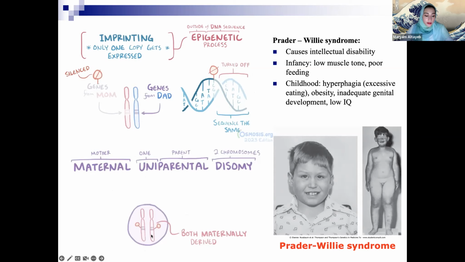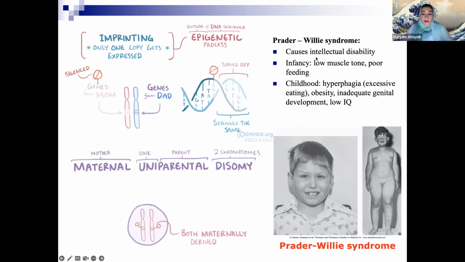So both of them, both maternally derived parts, are silenced. So that leads to the manifestation of disease called Prader-Willi syndrome. And this involves chromosome 15, by the way. I haven't seen that asked in previous questions, but for your knowledge, this involves chromosome 15. So if you get two copies of the silenced maternal gene, that's called maternal uniparental disomy.